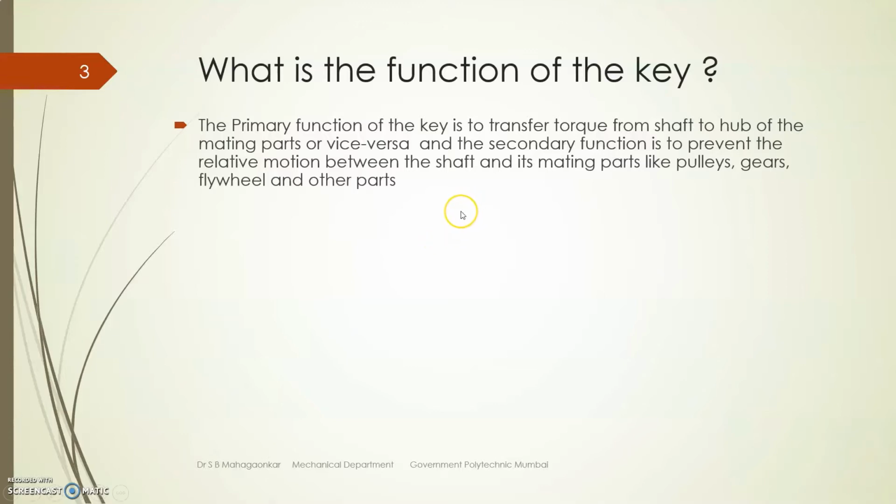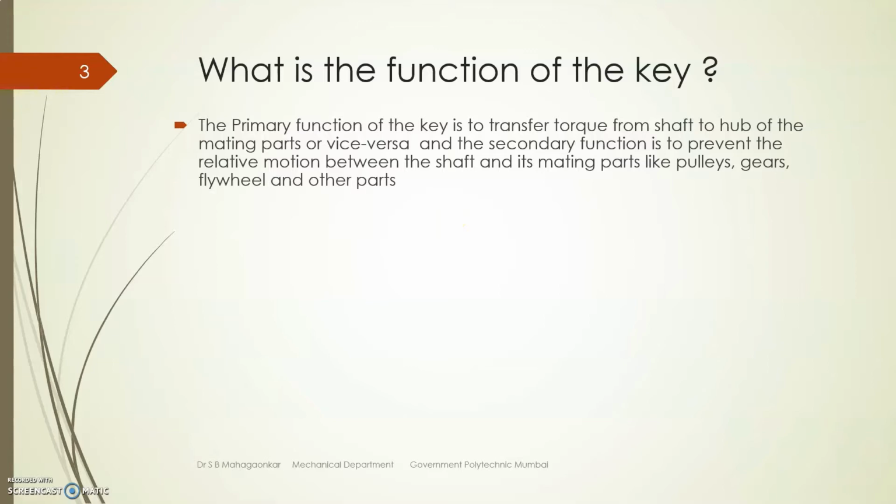So we have to insert a key in the keyways provided in the shaft as well as the hub portion, so that we can achieve 100% of the torque.